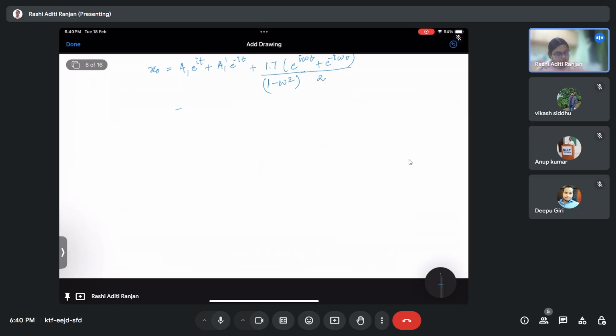This can be further written out. Correct? Now we can separate these two terms.